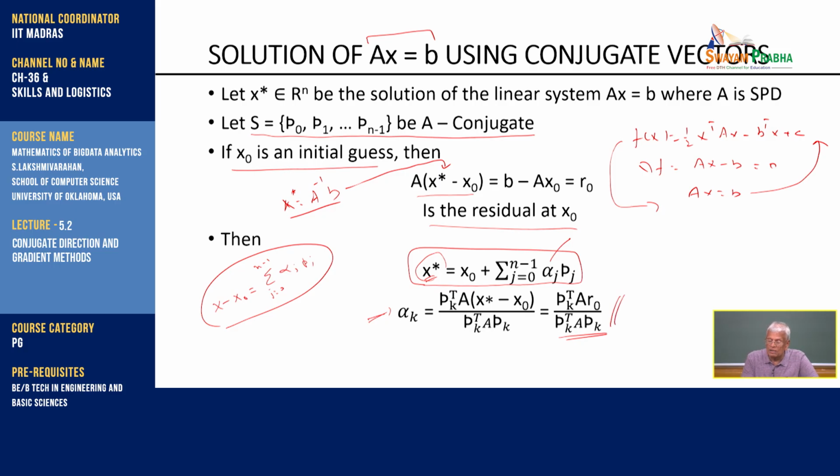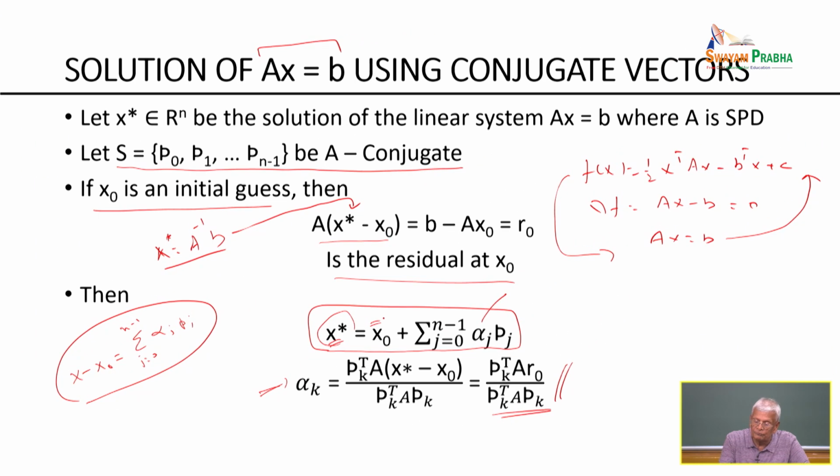If I can find alpha k, I already know p k. Starting with any initial point, I can express a solution as a linear combination of the conjugate directions. That is the idea here. In other words, I can express the unknown minimizer as a linear combination of the n conjugate vectors.